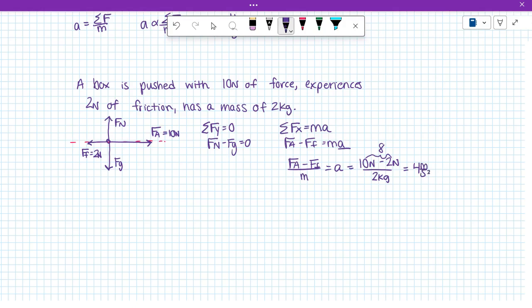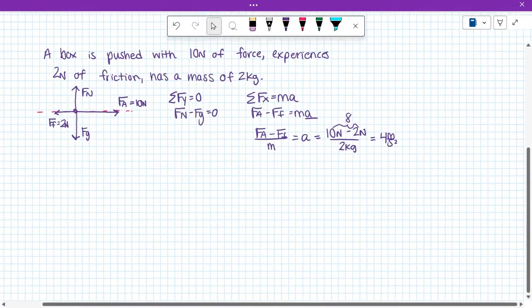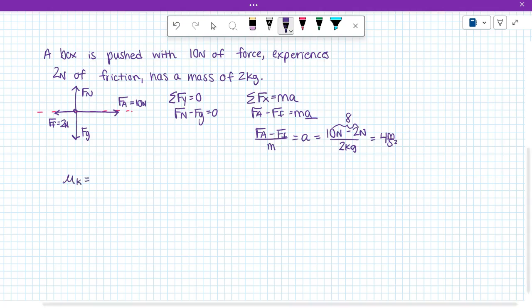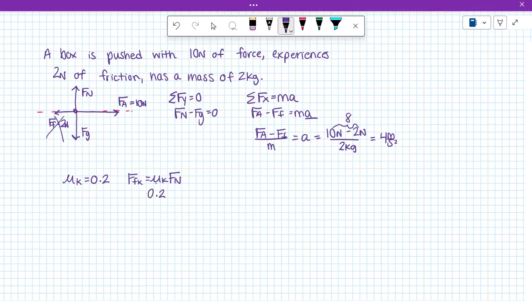Now, this is a pretty common question. Sometimes you're given the force of friction. Sometimes instead you're given the coefficient of friction, like maybe the coefficient of friction is 0.2. We could then find the force of friction by using the kinetic friction equation, which is the coefficient times the normal force. Let's say we didn't know the force of friction in this example. I could calculate it by doing 0.2 times the normal force.